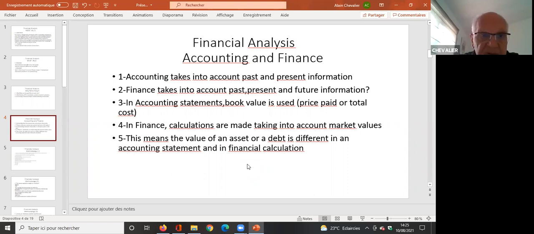First, because the accounting system or accounting statements take into account only past and present information. It is the past up to now, in fact. Finance also takes into account the past and the present, but gives great importance to future information.